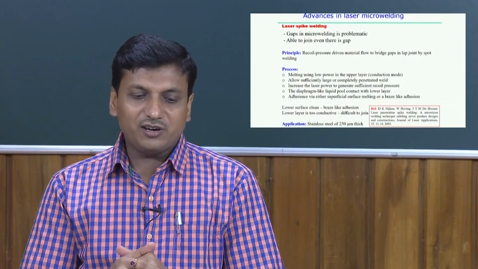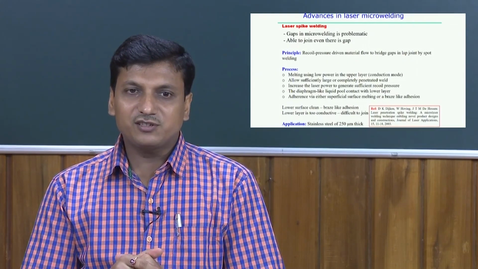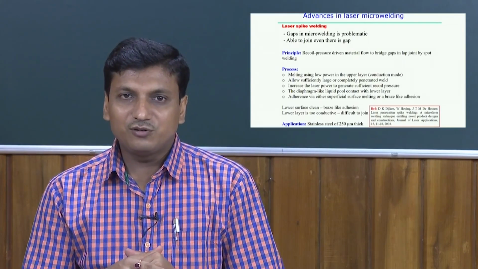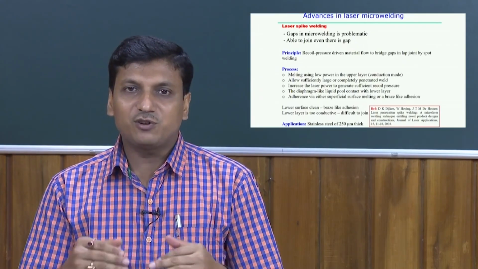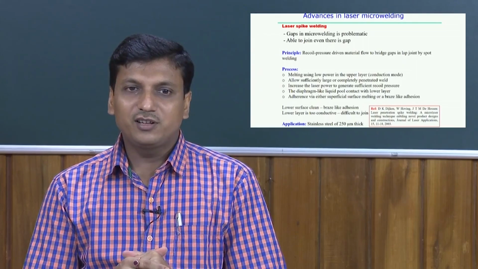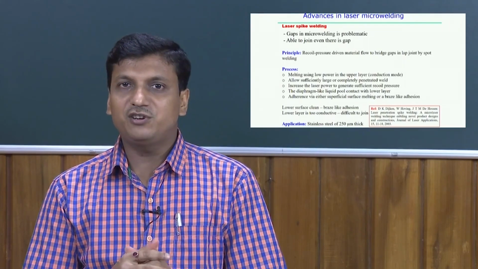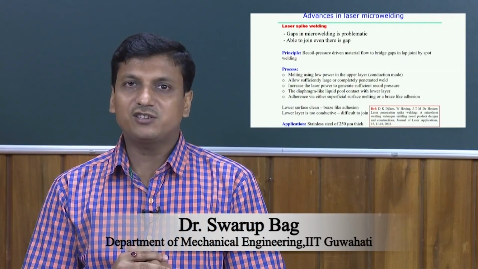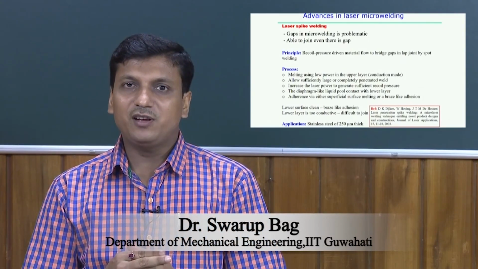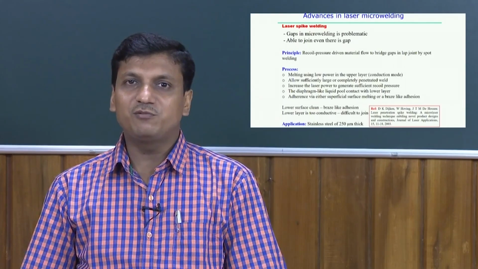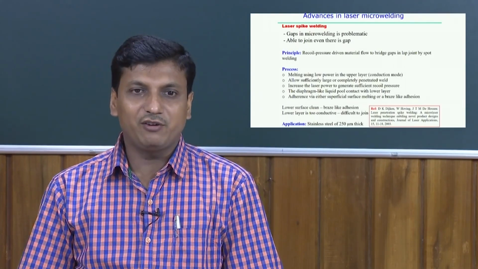So, this is the laser spike welding process. If the lower surface is very clean, batch like addition is possible in this type of joint, but if the lower layer is too conductive, then it is very difficult to join, because with the application of heat, apart from creating the melt pool, the heat will be conducted away.